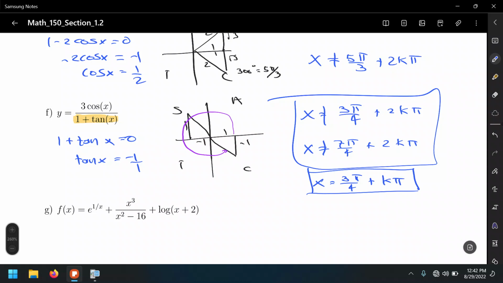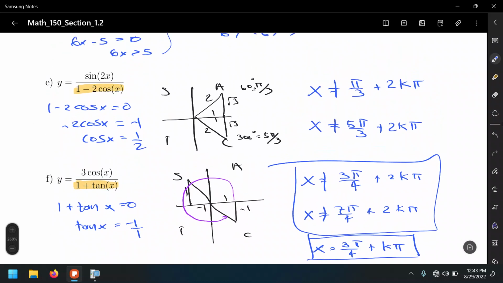Question. So also for question B, can we simplify it just how we did for question F? Like trim it down to one equation?